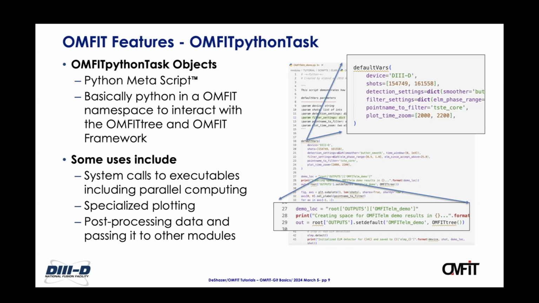In OMFIT Python tasks, you pass data between modules through default vars. So default vars is very much like the def command in Python. It has some subtleties, and I don't want to go into the subtleties for an intro class, but I just want you to understand what's going on there. This is really the mechanism by which we have interaction with the tree.